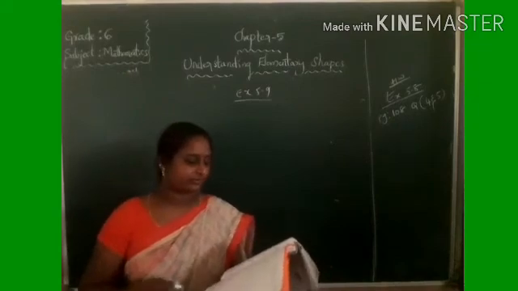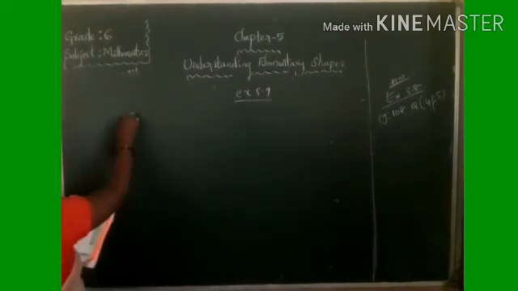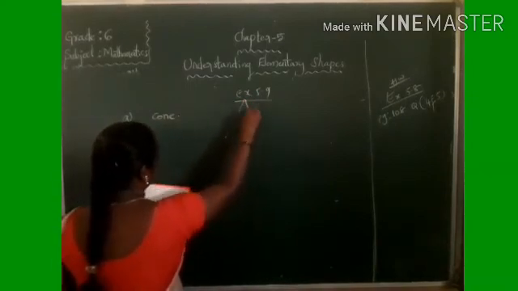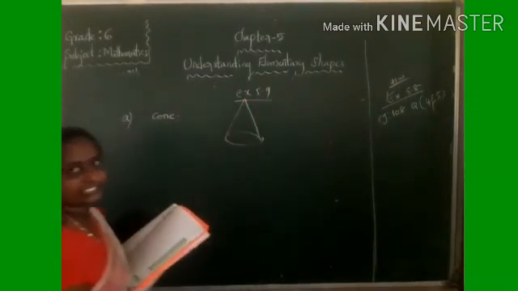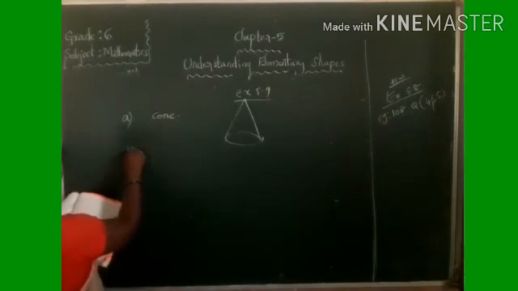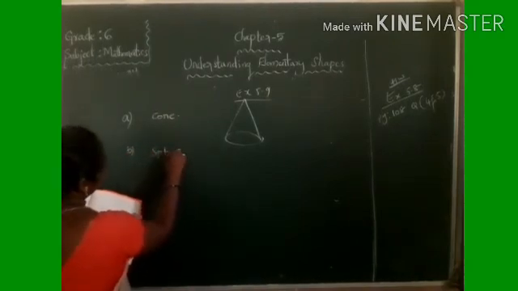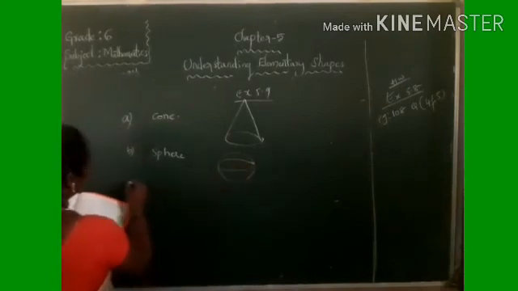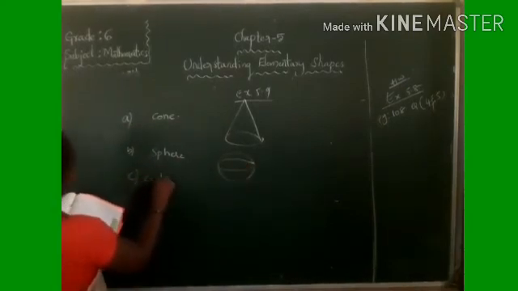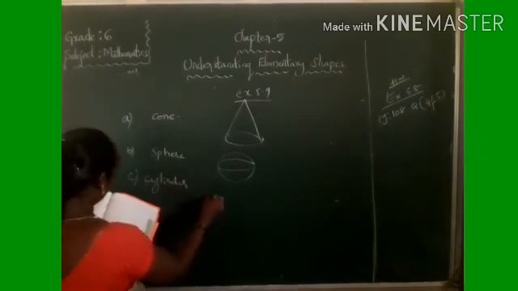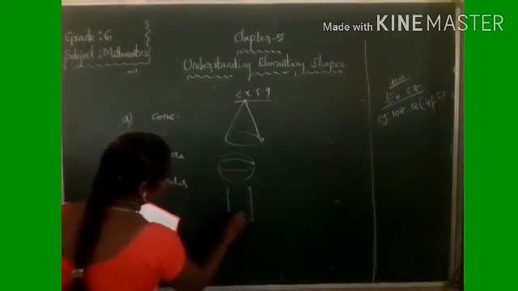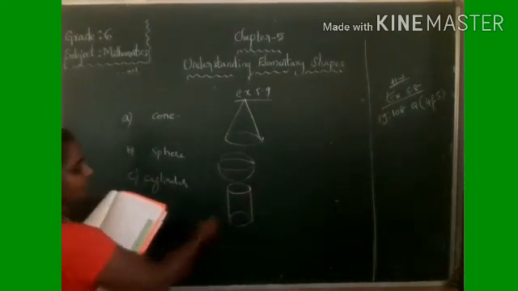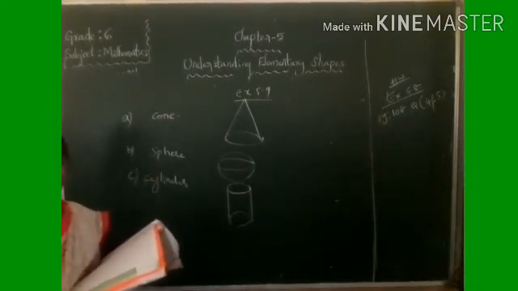First, cone. What is a cone? Yes, it is a cone shape. Okay, so next is sphere. Sphere is a ball. Next, cylinder. Cylinder shape is also a 3-dimensional shape. Example for the cylinder is your pencil.